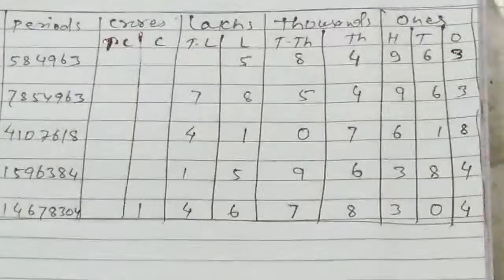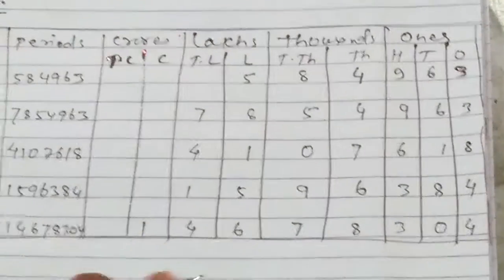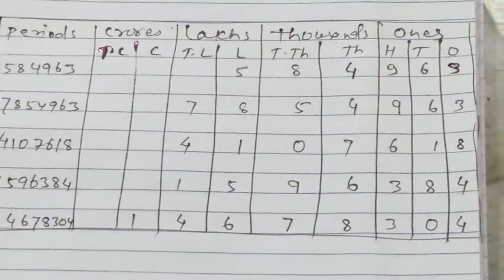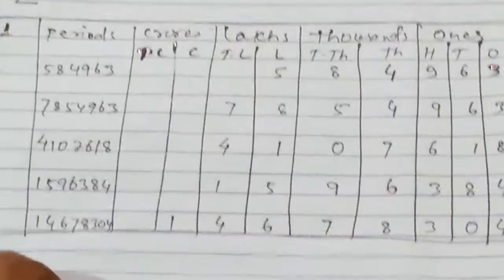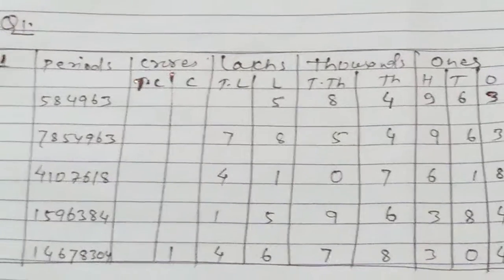So it is the number that we place in the Indian place value chart, and at last we have to write one by one its number names also.